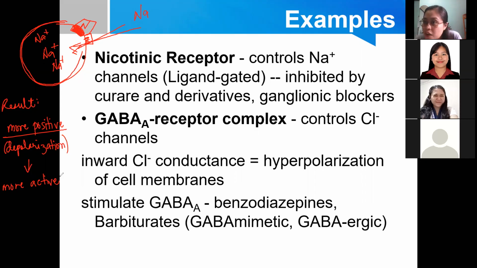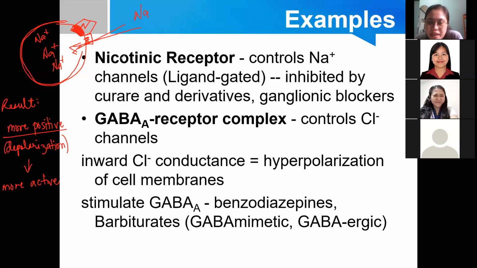Una siyang reason nga pag ang person naga-smoke, magiging active ang ilahang brain, tungod na siya sa receptor ni nicotine. Para murag susi, ligand-gated kay ang naga-control kay sodium channel, kay si nicotine receptor. Pag nicotinic receptor, I mean. So, ang ligand, ang original substance is the nicotine.